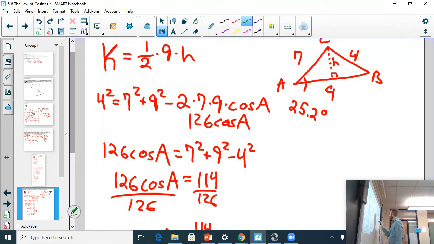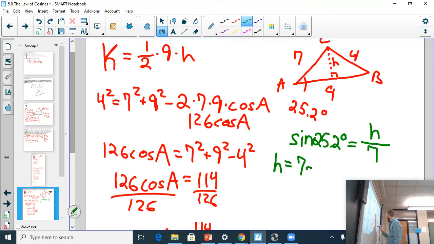So let me do sine of the angle, 25.2 degrees, equals opposite, which in this case is h, over hypotenuse, which is 7. And so h is going to equal 7 times the sine of 25.2 degrees.